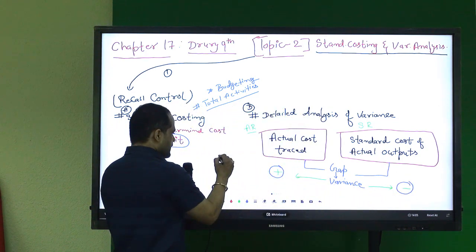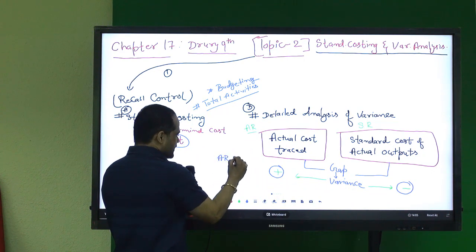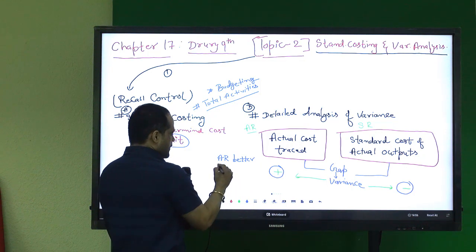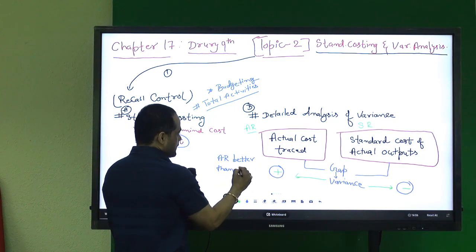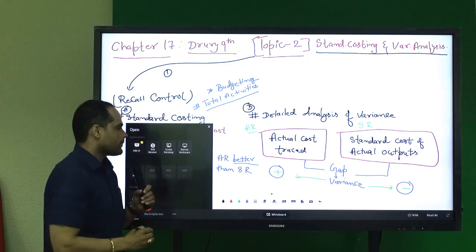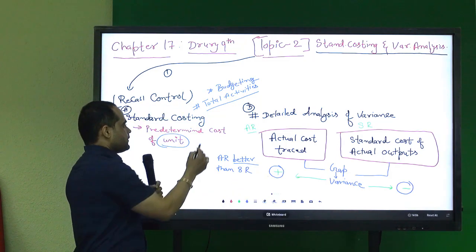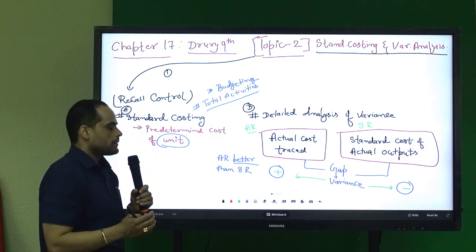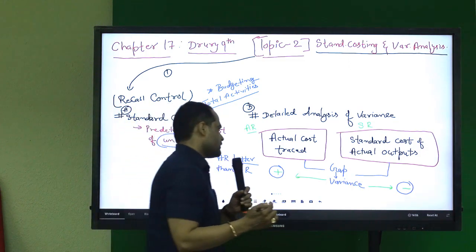Positive means the actual result is better than the standard result. That's called a positive variance.